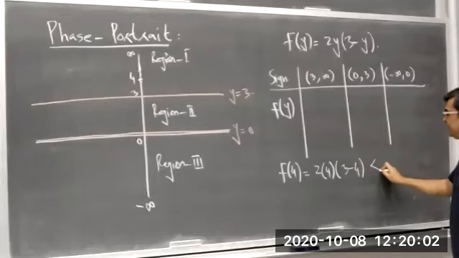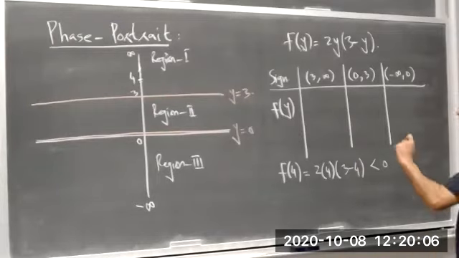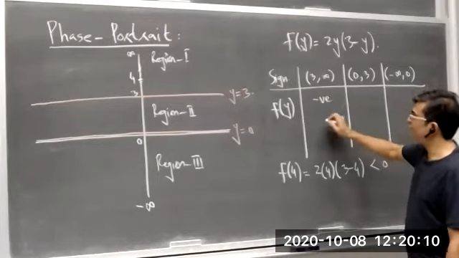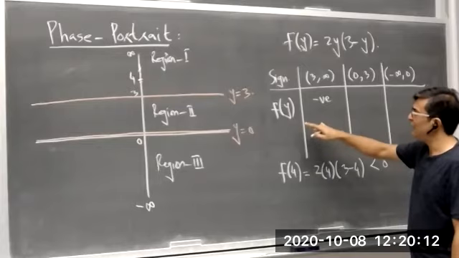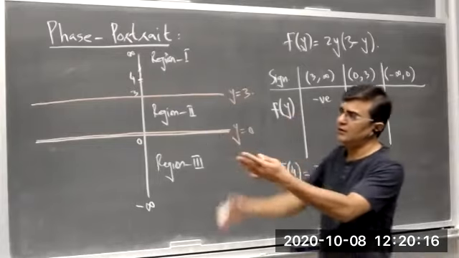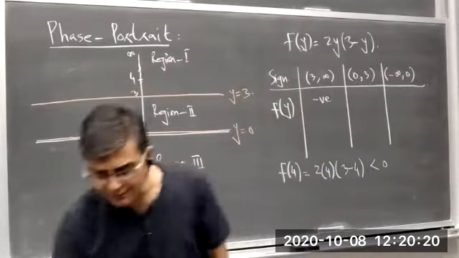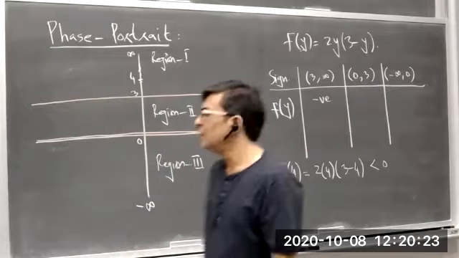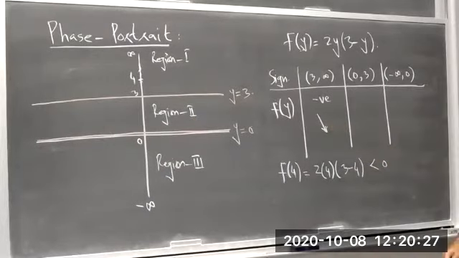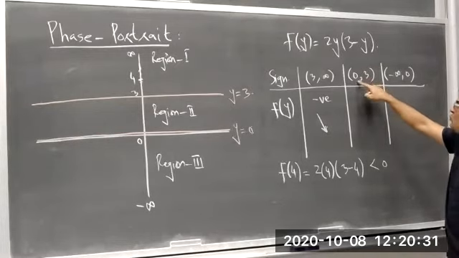It is negative. So we need to check only the sign of f of y. So it is negative here. f of y is the slope, dy by dx. If the slope is negative, then the function must be decreasing.